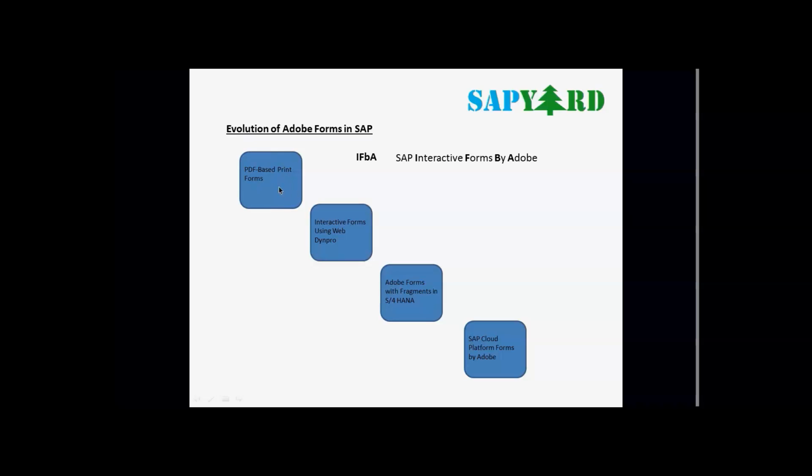In this course we will focus on the first part, which is PDF based print forms and how to develop that, because working on the next three topics would always need some complete basic concepts and the guidelines of what is being used in Adobe Forms. For example, if we talk about Adobe Forms using fragments in S/4HANA, there is nothing called context mapping, where you define any context by yourself.